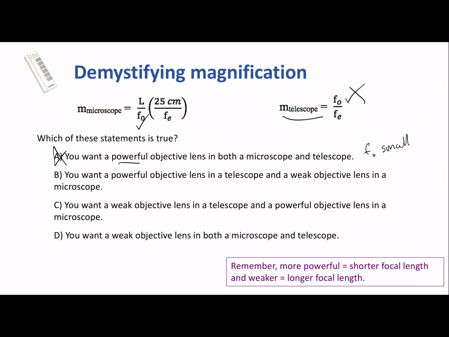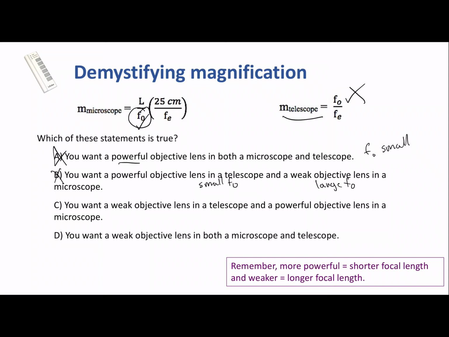Powerful objective lens in a telescope, which means a small F_O. Weak objective, large F_O. That's exactly the opposite of what I want. A large objective focal length in a microscope, because F_O here is on the bottom, is going to not be good. It's going to make a small magnification. Same problem we just ran into with the telescope. A small F_O is going to give me a small magnification, so B's out.